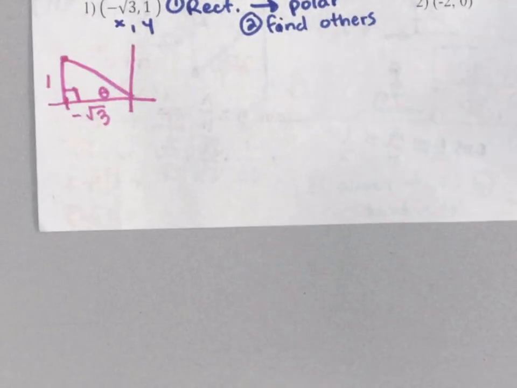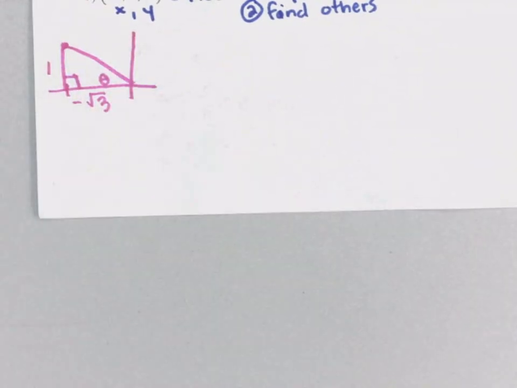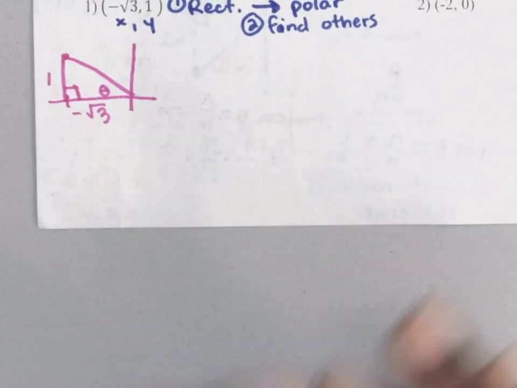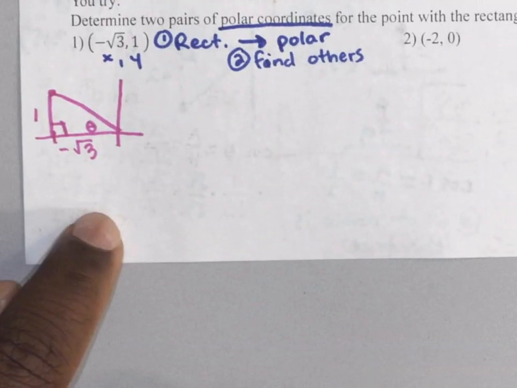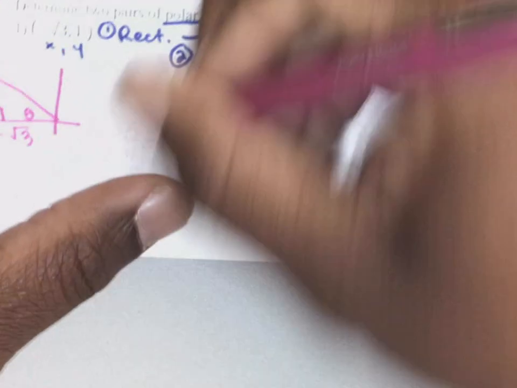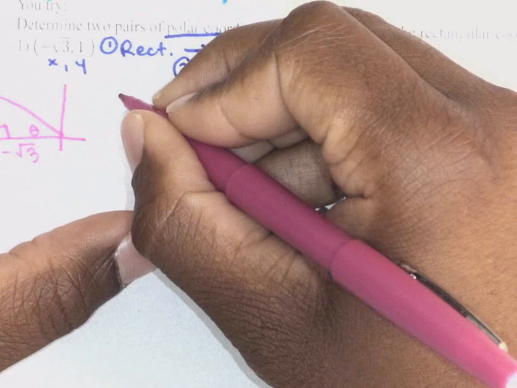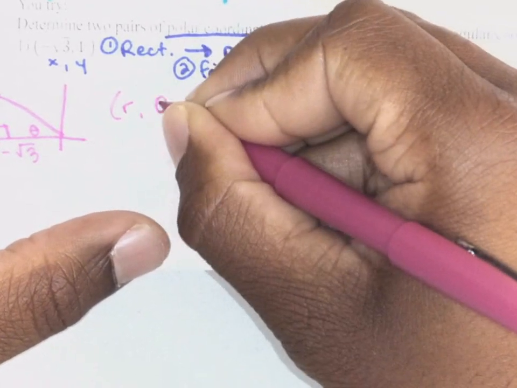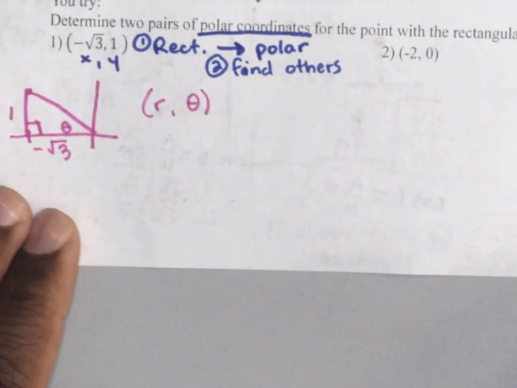All right. So just imagine this is a triangle. We want to find R, right? How are we going to do that? Pythagorean theorem.